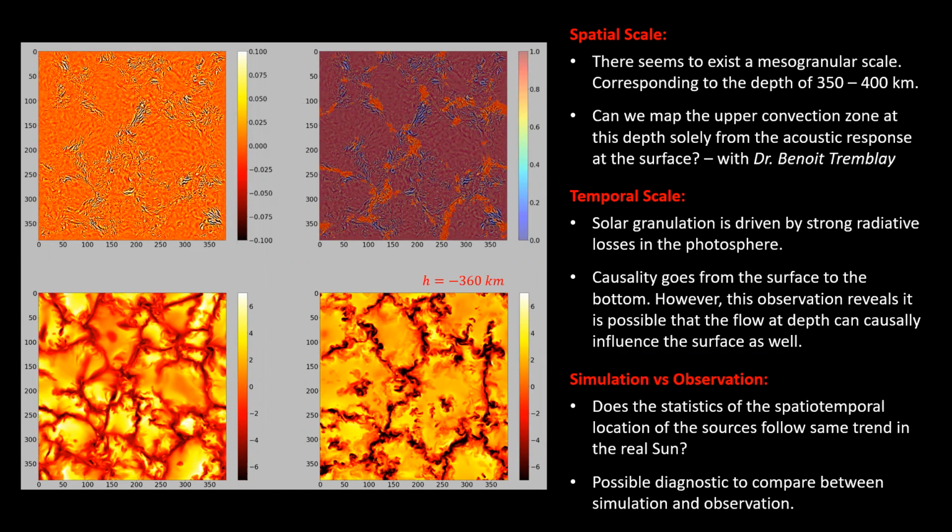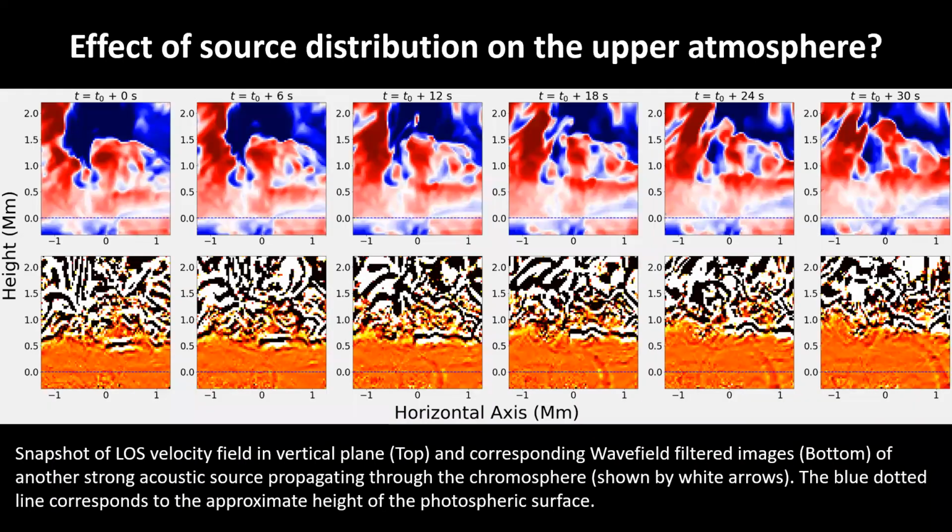But these acoustic sources, they also propagate upward, right? So we tried to see if we can see them in the chromosphere as well. So we took some MURaM chromosphere, and we looked at it height-wise, and we can also see that these acoustic sources, if you look over here, are actually propagating upward, and this dotted blue line is the photospheric surface, right?